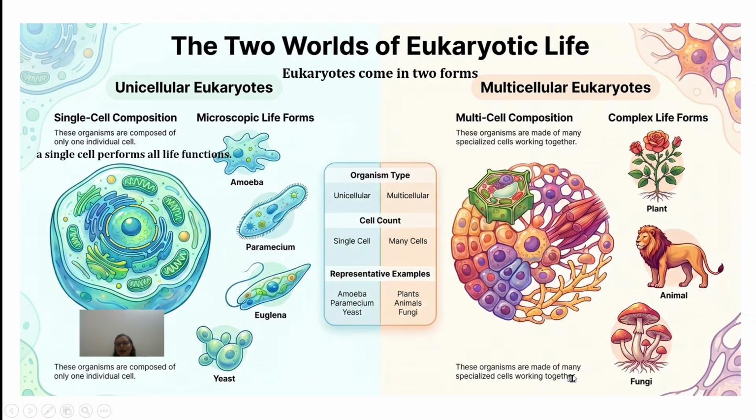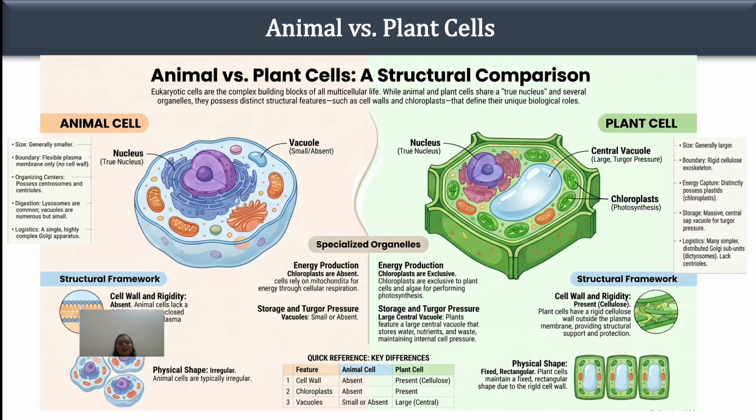So this is the difference within eukaryotic life between unicellular eukaryotes and multicellular eukaryotes. Now when we look at the difference between animal cell and plant cell, they share many organelles and the same structure, but some are exceptions that a plant cell may contain and an animal cell may not.